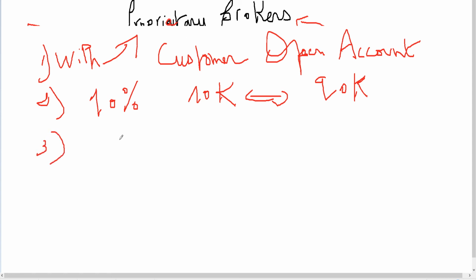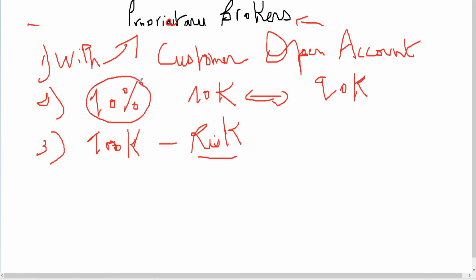Now, when you want to trade, you are using 100,000. But the risk, try to understand this. Who risks their money? It is you. It is this 10%. They will do a lot of stuff not to get to their money, which is 90,000.